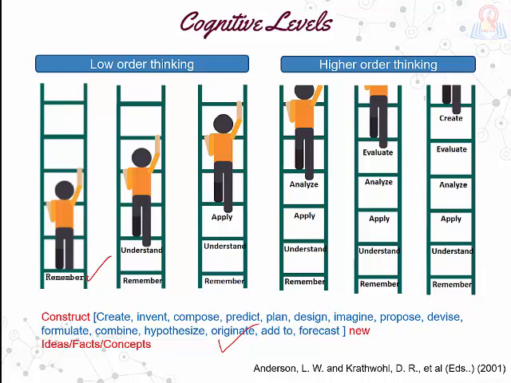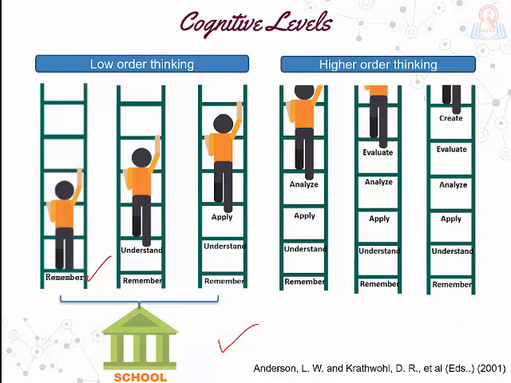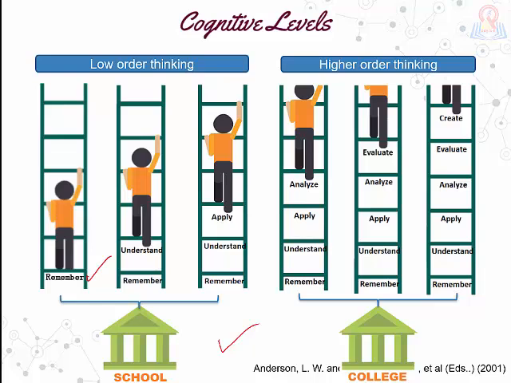We must understand what is the difference between low order thinking and higher order thinking. Normally, the low order thinking takes place at the school level, whereas the higher order thinking takes place at the college level. That's why, see, the students, normally as science students, will learn Ohm's law in the 3rd standard itself.